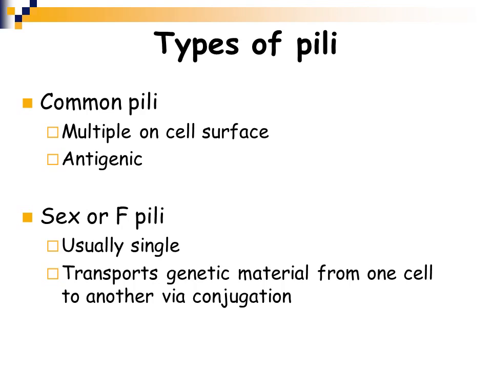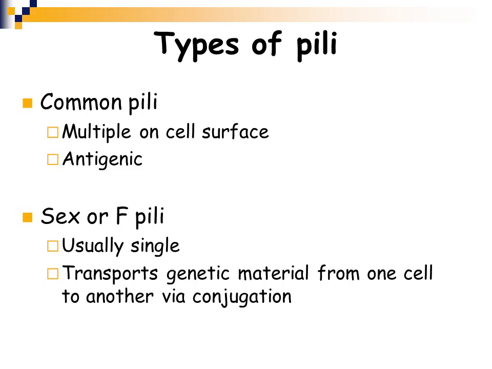There are different types of pili, these little appendages that come out of the bacterial cell. There's the common pili, and these are multiple appendages all over the cell surface. These are antigenic. They allow for adhesion, so they're usually just all over the surface of the cell.